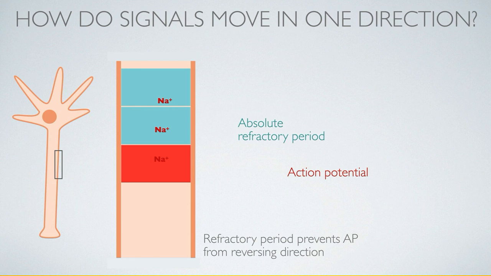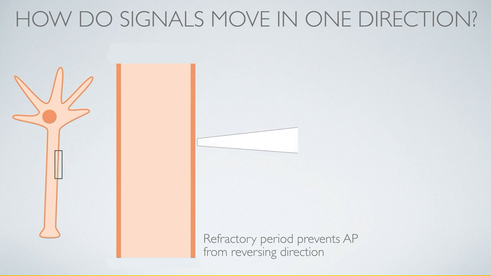So let's perform a thought experiment. Instead of the typical case where the action potential is generated close to the cell body and begins the propagation to the distal reaches of the axon, let's experimentally introduce an action potential right in the middle of the axon. And let's just consider what happens there.